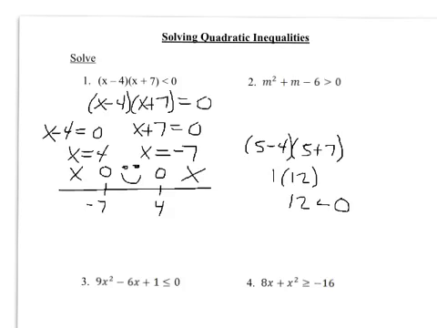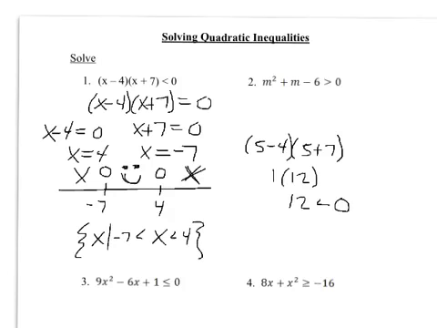What we've shown is that this region right here is where all the values are that will make this inequality less than 0. So I'm going to say all values of x such that x is greater than negative 7 and less than 4. And there you go. And that's how you do it.